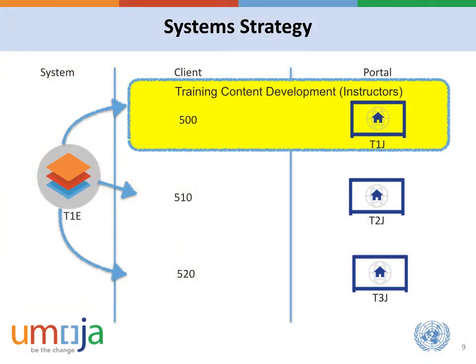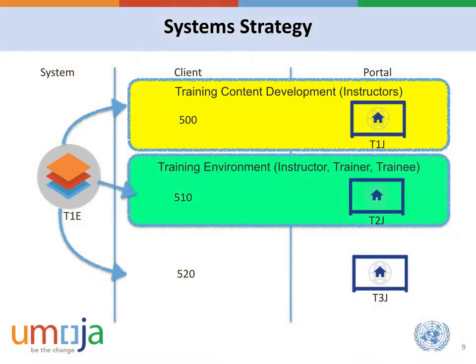The first, the training content development client, is dedicated to instructors, and that is to be executed through the portal T1J, and it is linked to client 500. The reason for this is that it is the place where the instructors will be creating the content for the training.